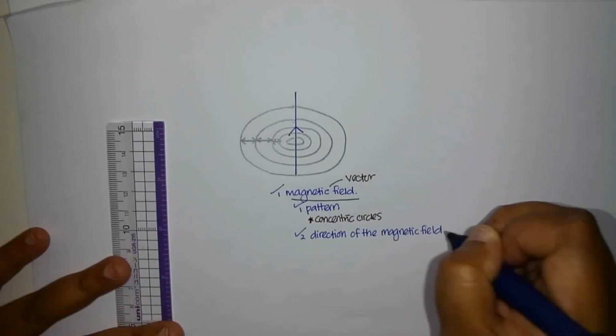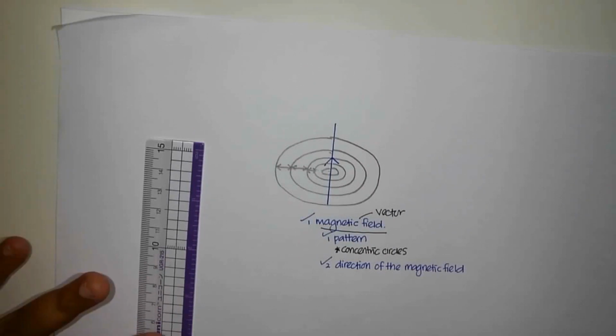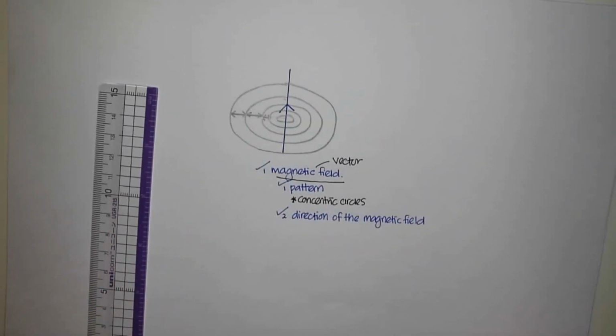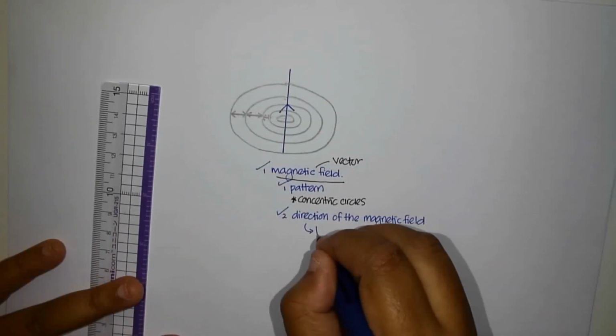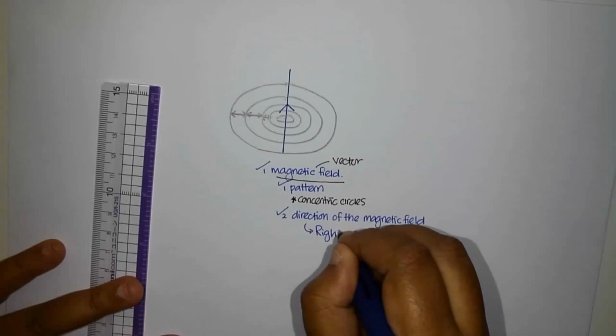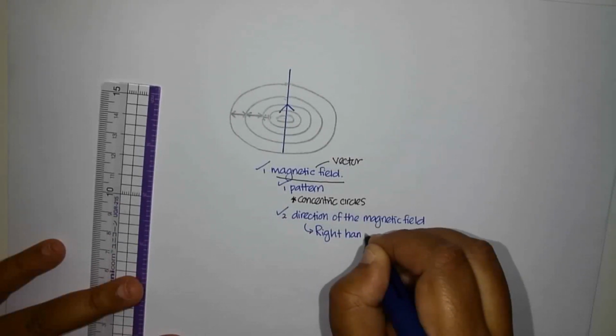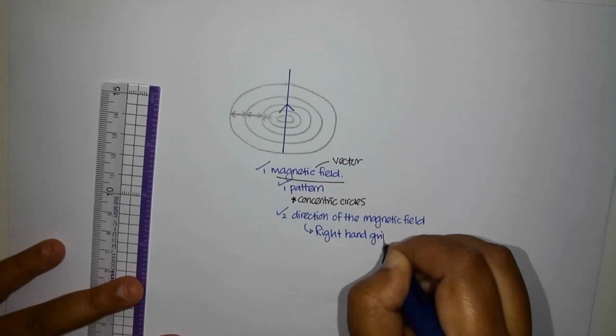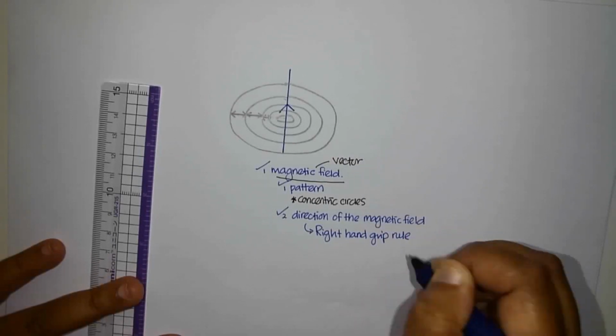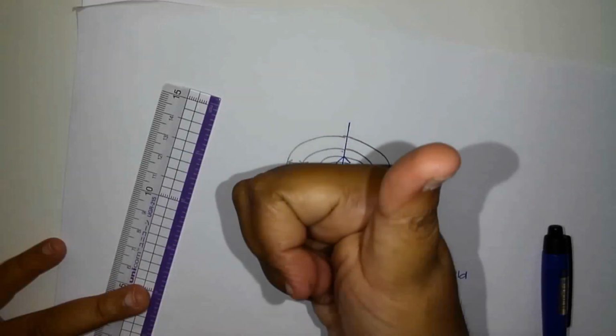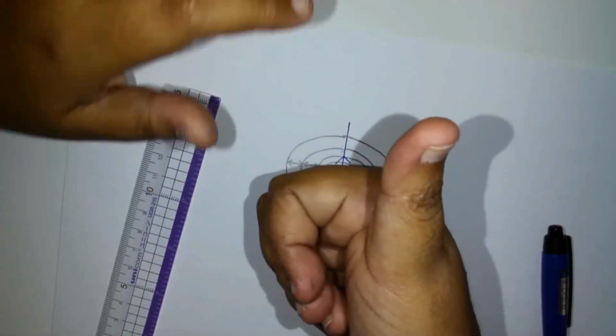The direction of the magnetic field is determined by using the right hand grip rule. Now we take out our right hand.